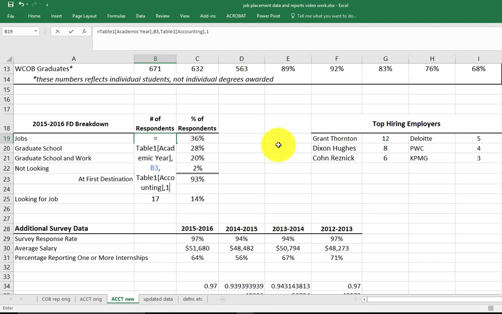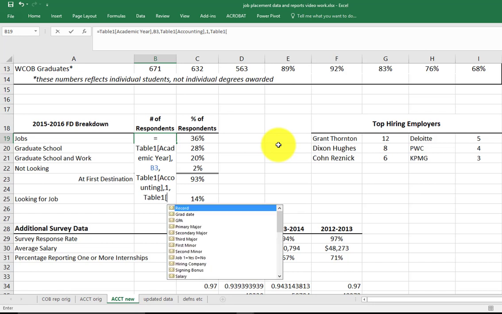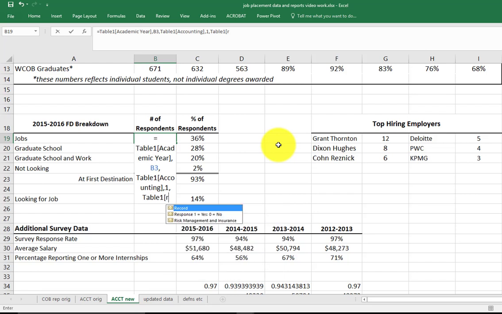Is that equal to 1? And do we have a response from them? Which may or may not be needed, but I'm going to go ahead and put it in anyway to be on the safe side.